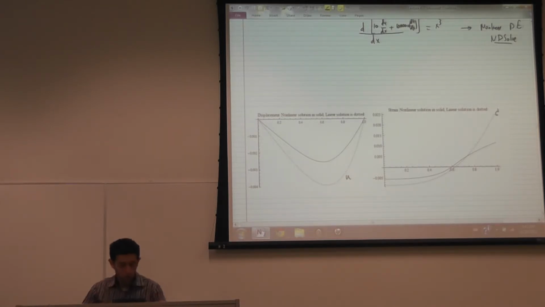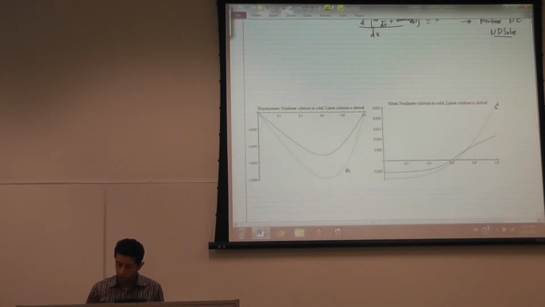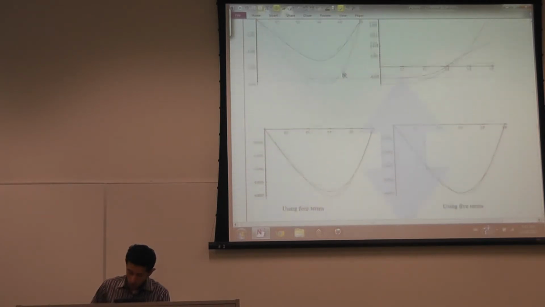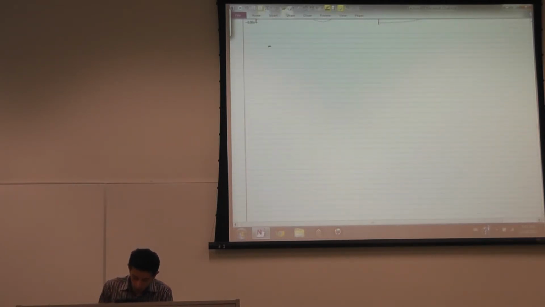So we're going to assume that the displacement is equal to A0 plus A1x plus A2x squared.